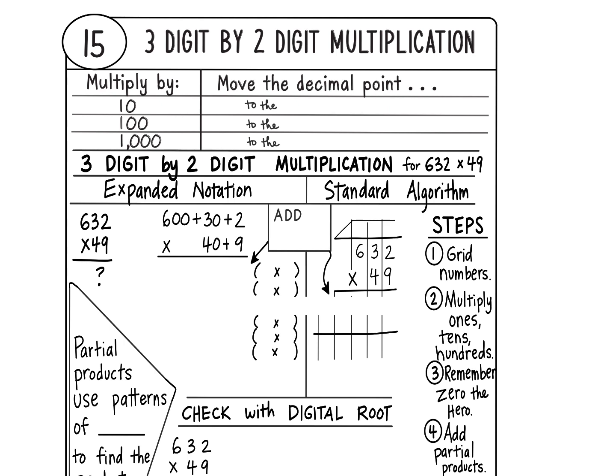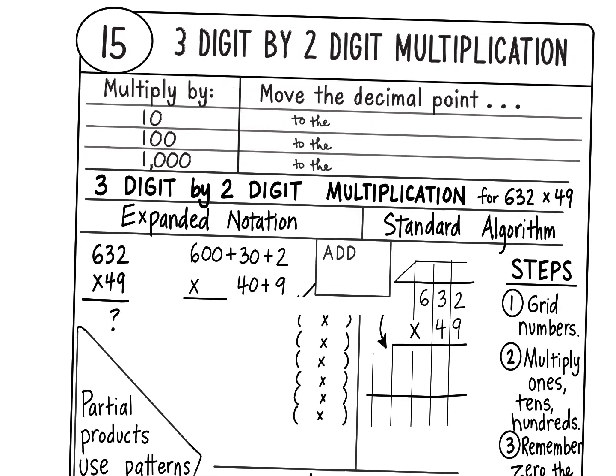chart up there. And we talked about how you can move along the place value chart by multiplying or dividing by powers of 10. So at the very top, we're going to make a note. And this is something that can help you whenever you're working with the metric system in science. We will get to the metric system later this year as well when we get to our measurement unit.